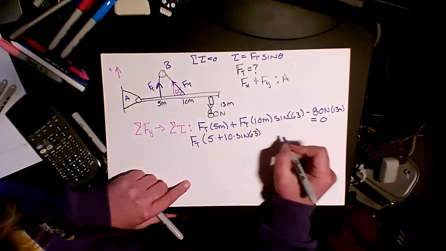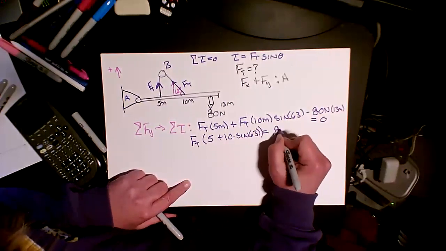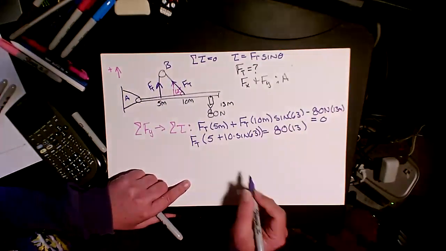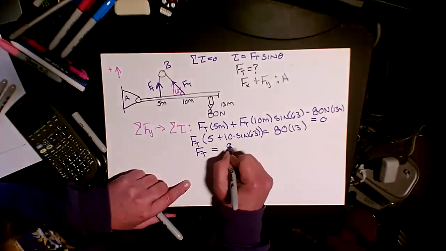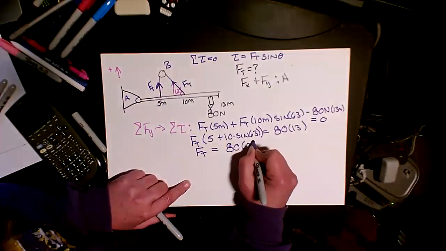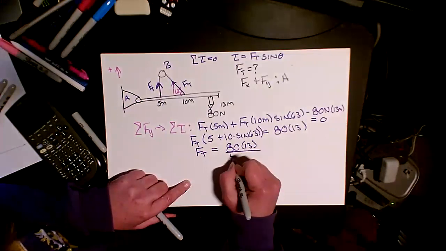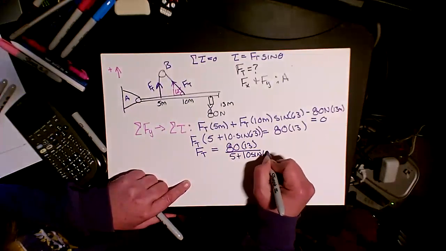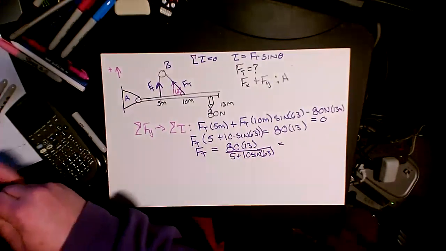Moving that 80 times that 13 meters to the other side equals 80 times 13. So now I've solved for my force of tension. So that is this 80 times 13, there we go, divided by 5 plus 10 sine 63. Beautiful. Let's see what we get here.